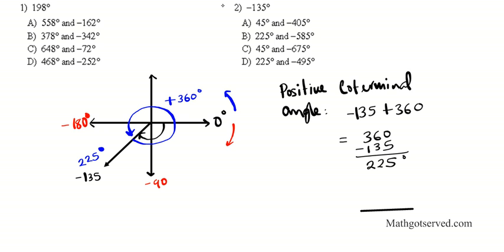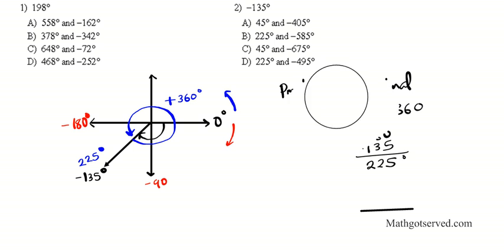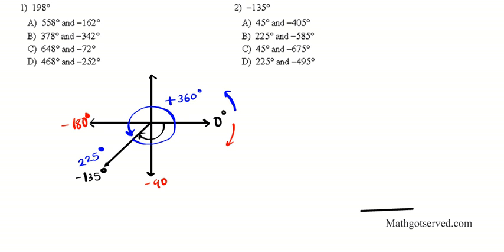Okay, all right, so how about the negative coterminal angle? To find the negative coterminal angle, you just do the opposite. Instead of going counterclockwise, you go clockwise. Starting from here, you go clockwise, which is up and around like this. Full circle right here. That is equivalent to subtracting 360 degrees from the original angle.